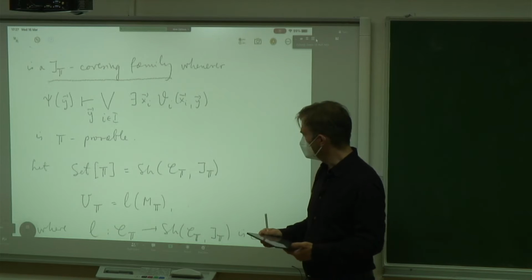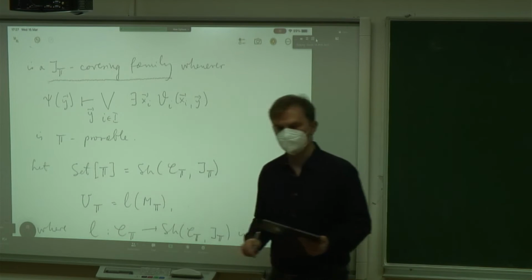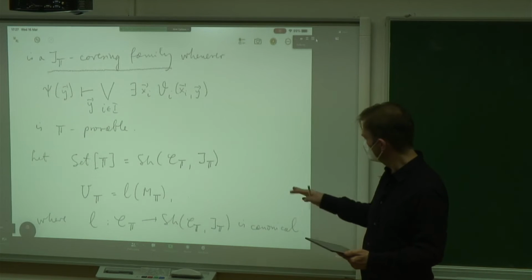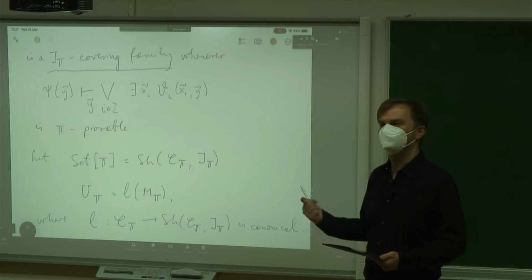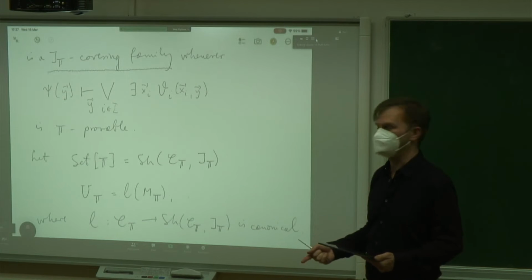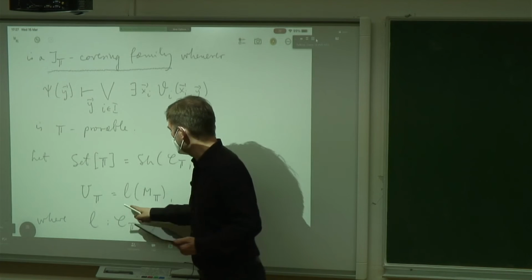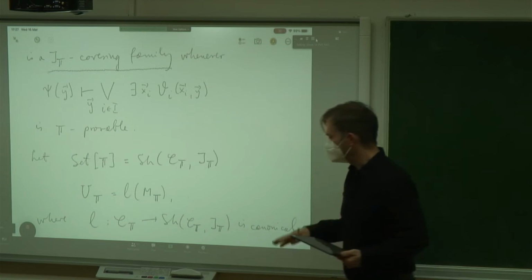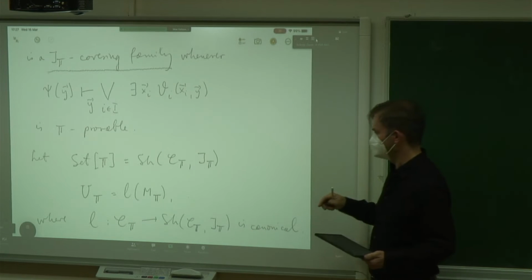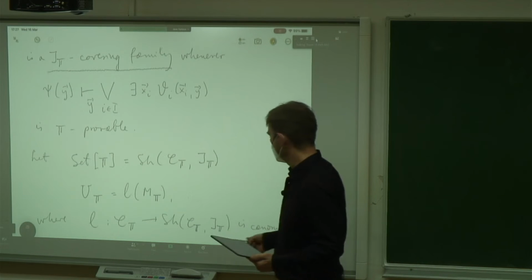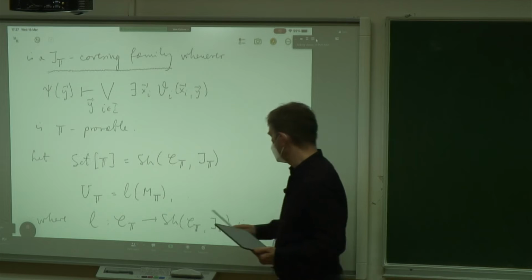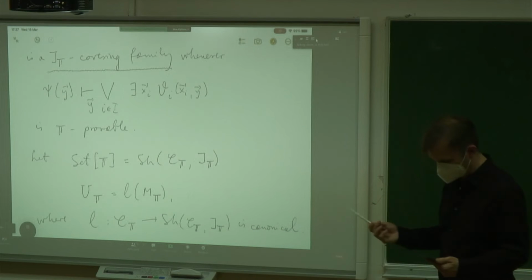And the universal model is going to be obtained in a rather easy way from the generic model. The other one was generic, yeah. So the universal model is the image of the generic model under the Yoneda embedding, the canonical embedding of C_T into sheaves on this site.